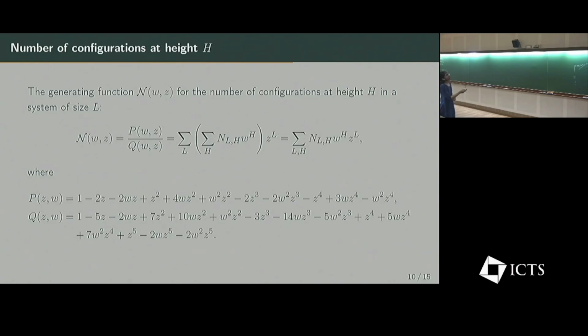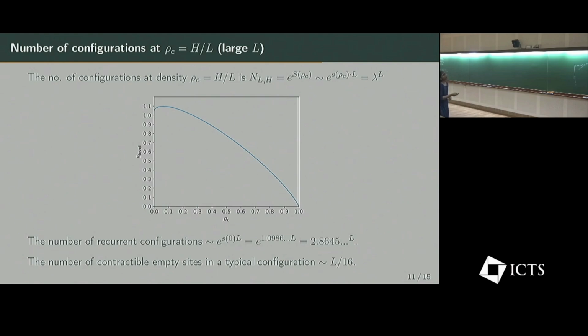We can count the number of configurations at height h by using a multivariate generating function as before, and I can also look at the number of configurations in the thermodynamic limit by fixing the contractible empty site density. This is the level-wise entropy, the log of the number of configurations at a given level, as a function of contractible empty site density.